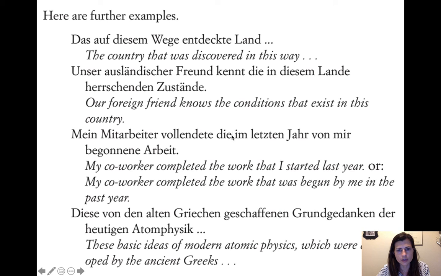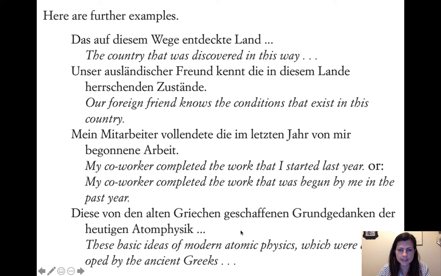So you say the work, and then im letzten Jahr von mir begonnen was in the last year begun by me, right? So that work that I started last year, or the work that was begun by me in the past year. Yeah, so the second one is more literal. That was begun by me. Von mir begonnen, begun by me.